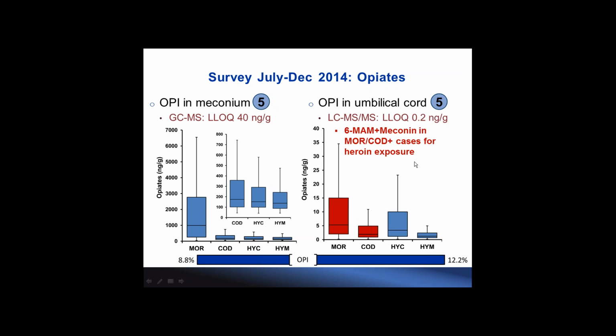On top of that, in the umbilical cord test method, we added 6-MAM and meconin as markers indicative of heroin exposure. With only the morphine and codeine positive results, we cannot really differentiate between different types of exposure. And here is how.